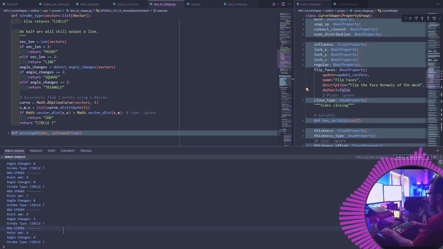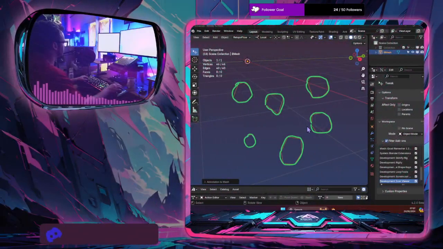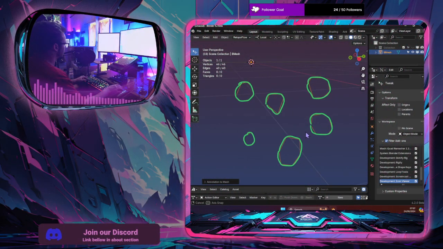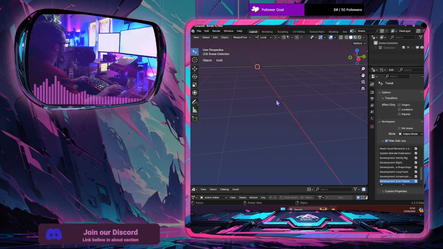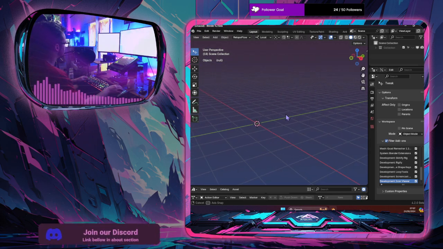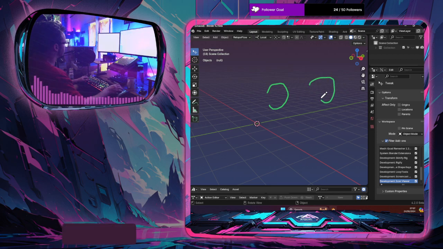Now I'm gonna try and make it give me a circle without having a circle. Let's try that, doing an arc. Almost closed arc, right? Beautiful arc.